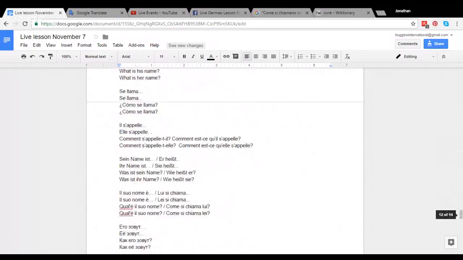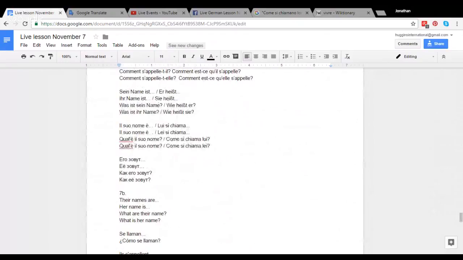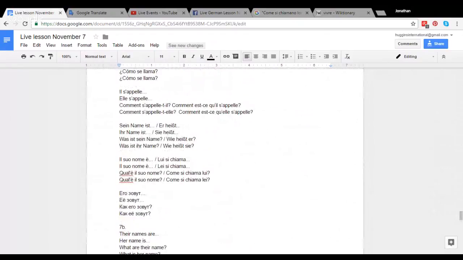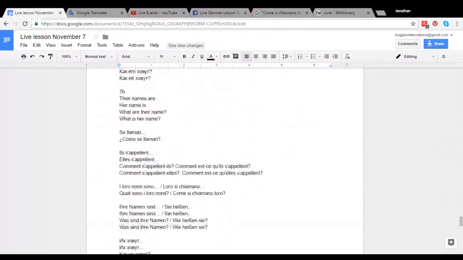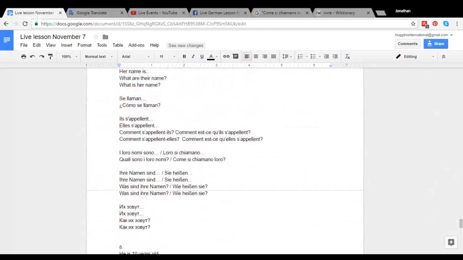And maybe asking about names, in the singular we have "Sein Name ist," or "heißt." And in the plural, I would be using "Ihre Namen sind," or "sie heißen." Once again, I can just simplify this, because there's no change on the masculine plural or feminine plural.